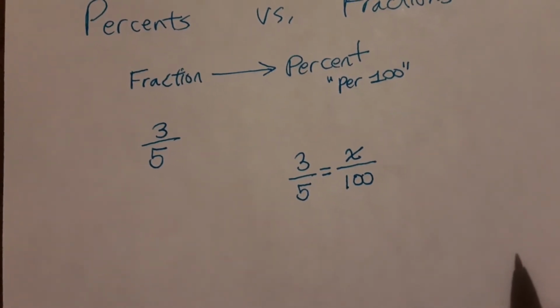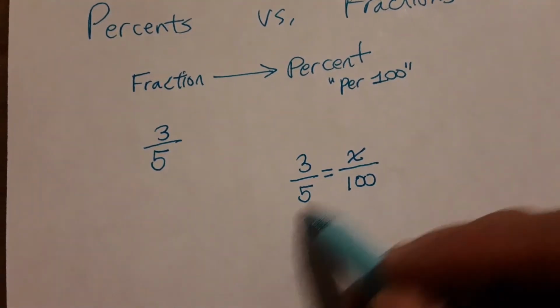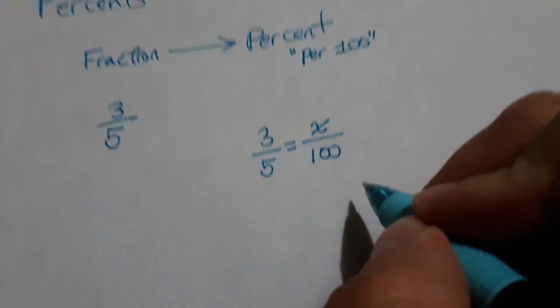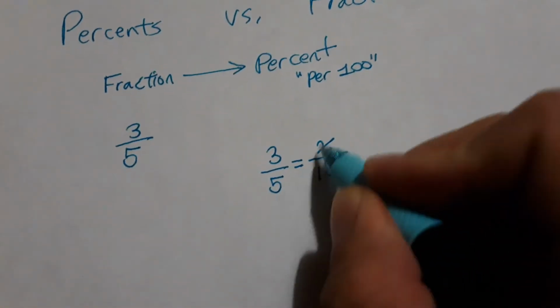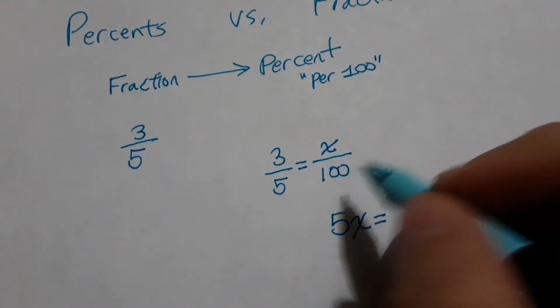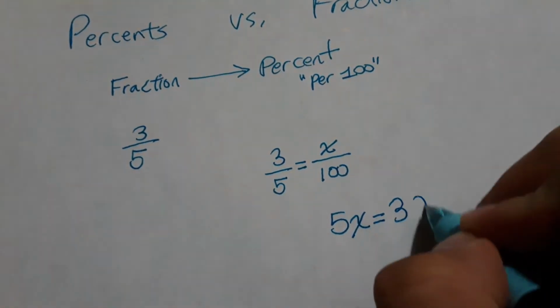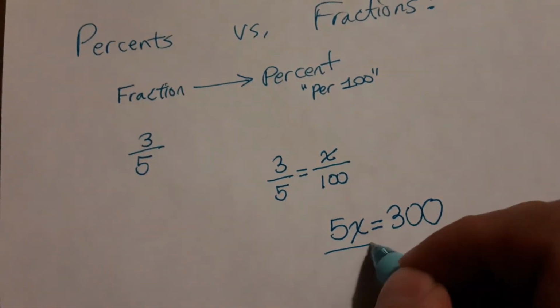So then, okay, cross multiply, because they are a ratio at this point. If this is set equal to this, it's a ratio, so I can cross multiply. 5 times x is equivalent to 3 times 100. Okay. Divide both sides by 5.